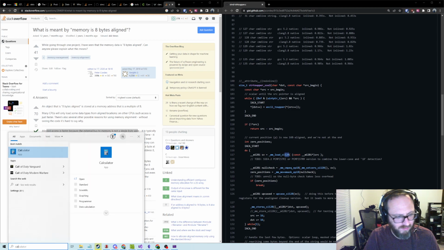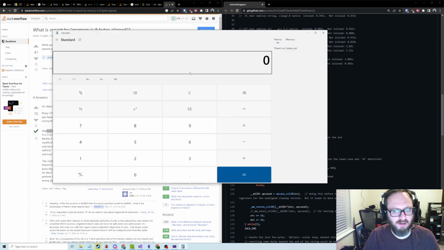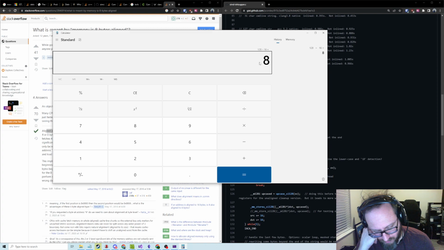I always get confused on these things. 128, wait, 128 divided by 16 is 8. I don't think it can fit 8 things into one SIMD register. I think it can fit 4, if I understand correctly. But 4 would be 60.